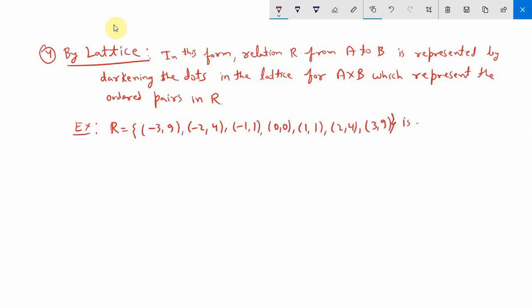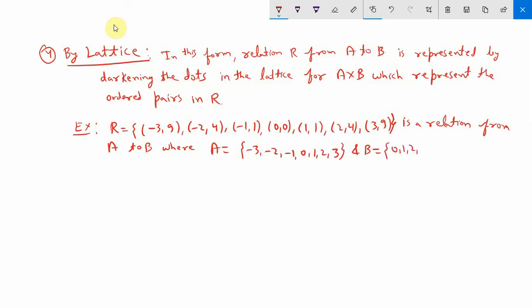So it is a relation from A to B, where set A is -3, -2, -1, 0, 1, 2 and 3, and set B is 0, 1, 2, 3, 4, 5, 6, 7, 8, 9.